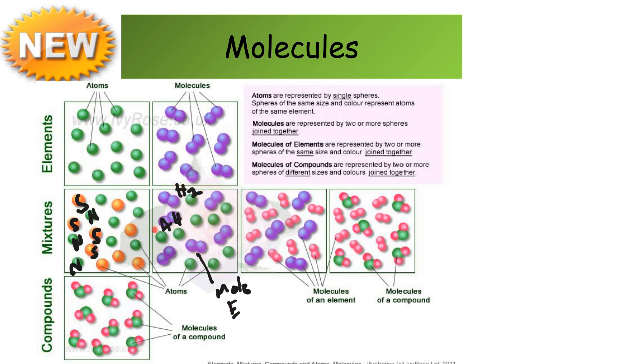And then these green ones we said were nitrogen, so we have a molecule and a single atom. Here we have molecules of different elements. So again, we have the hydrogens here, and let's call the little pink ones Cl. So this is H2 and Cl.